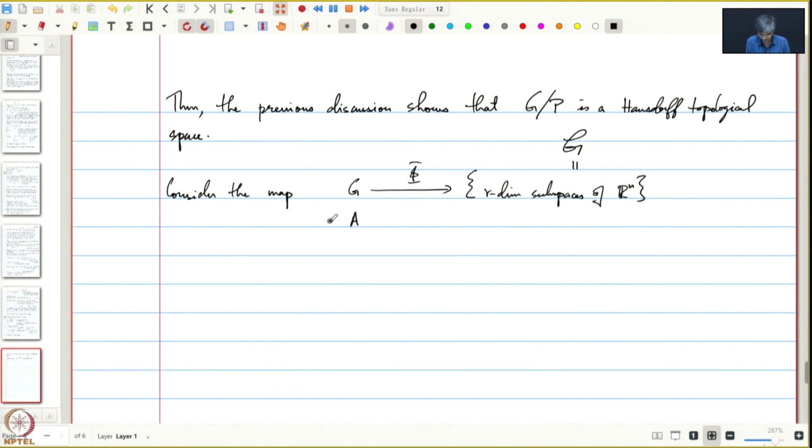Let's take a matrix A and write A as V1 up to Vn, where the V_i's are the columns of A. Since A is in GL_n(R), the column vectors of A are linearly independent, so we just send it to the span of V1 up to Vr.